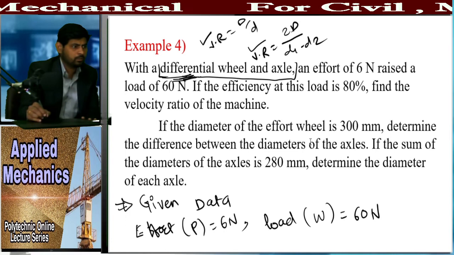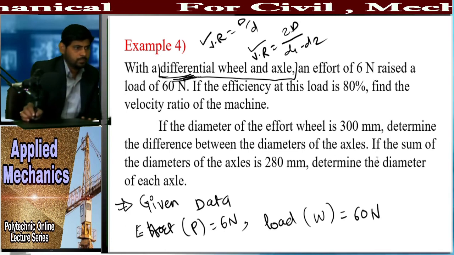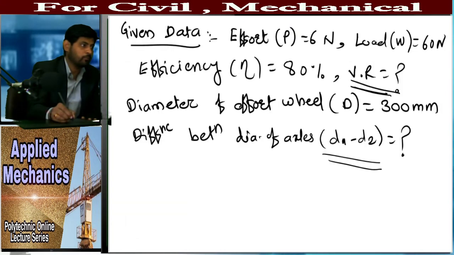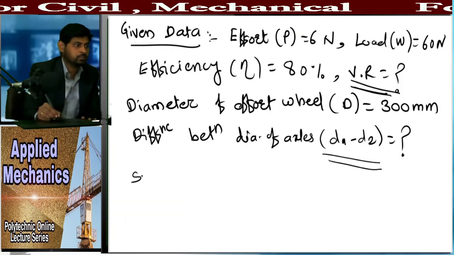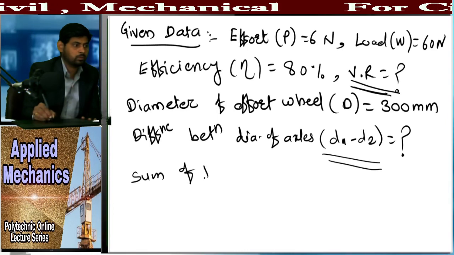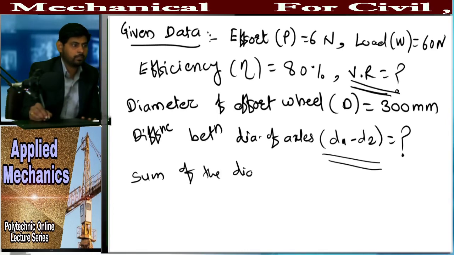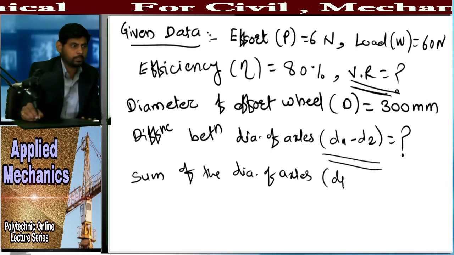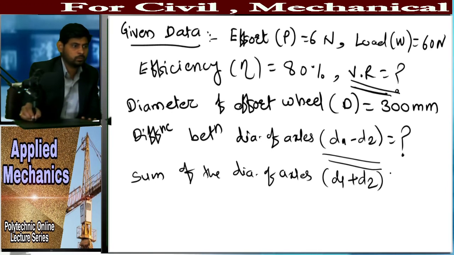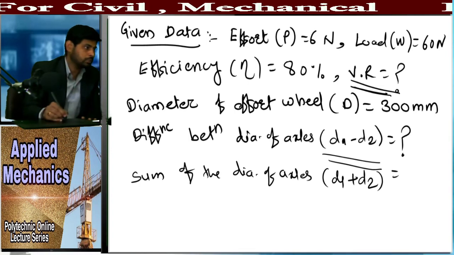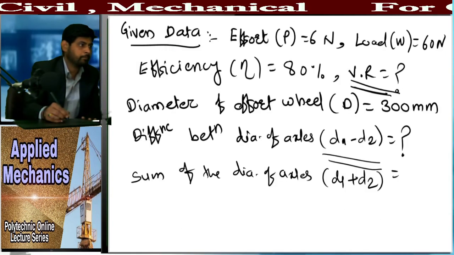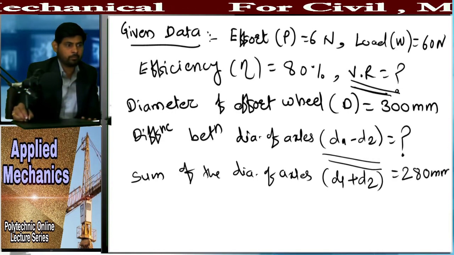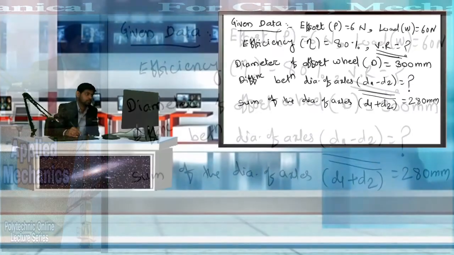After that, it says the sum of the diameters of the axles is given, that is capital D1 plus D2 is equal to 280 mm. So this value is given to us. Okay.